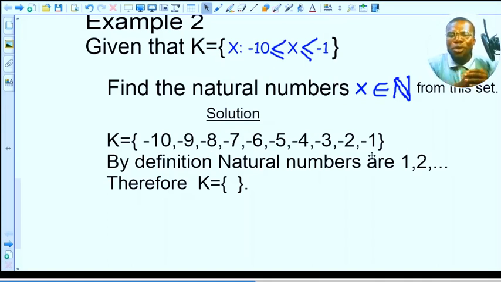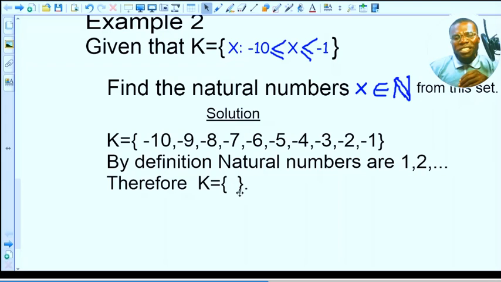But we know from one concept that the natural numbers, as I have said, are counting numbers, which start from 1 up to infinity. Therefore, because these negative numbers are not counting numbers, we can say that set K is an empty set.